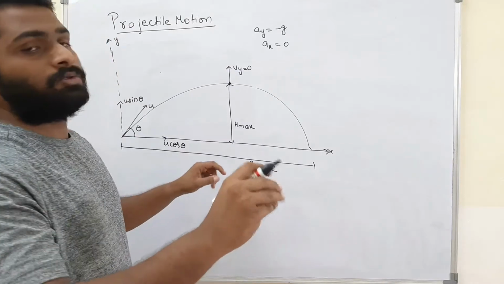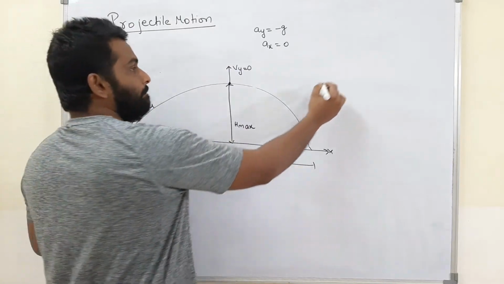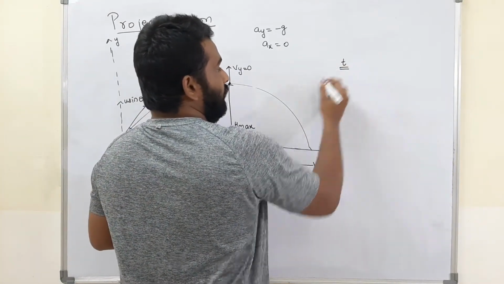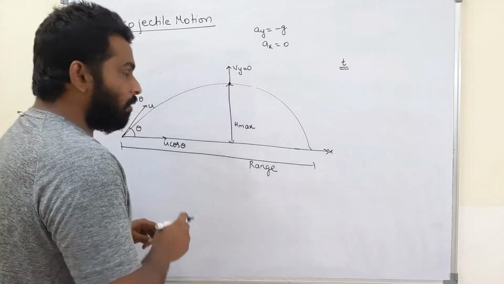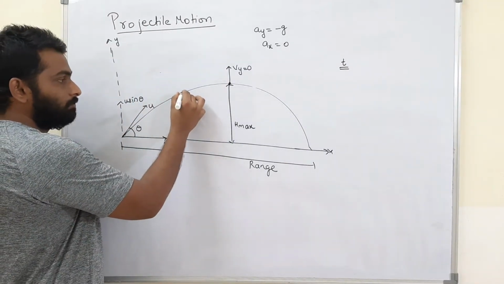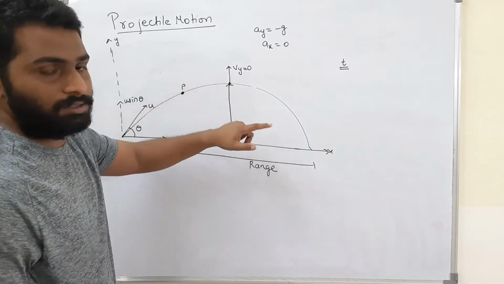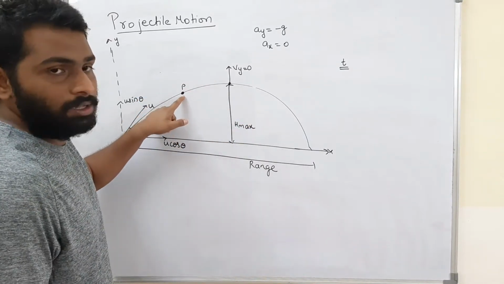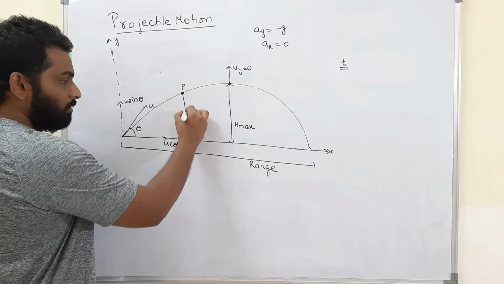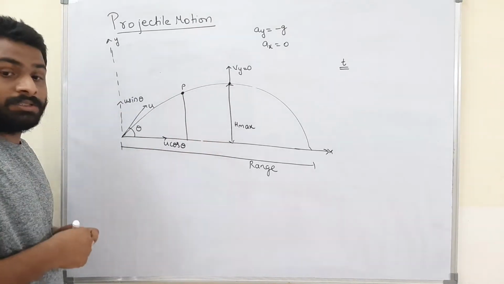And now, assume at some time t, the body is somewhere here. This is the body. Assume the body is moving like this. At some time t, the body is somewhere here. Now, what is the x distance traveled by the body?